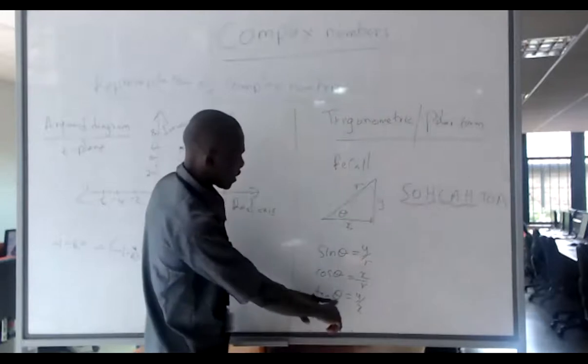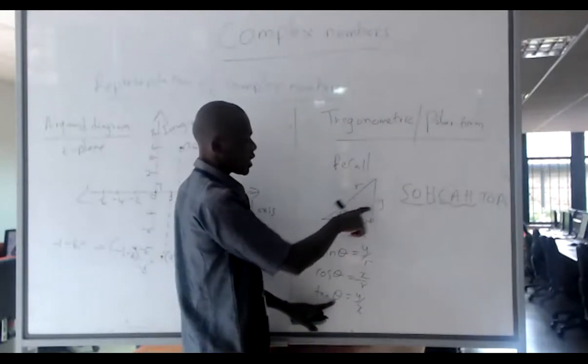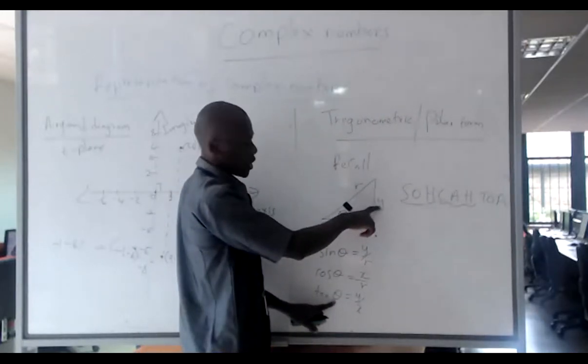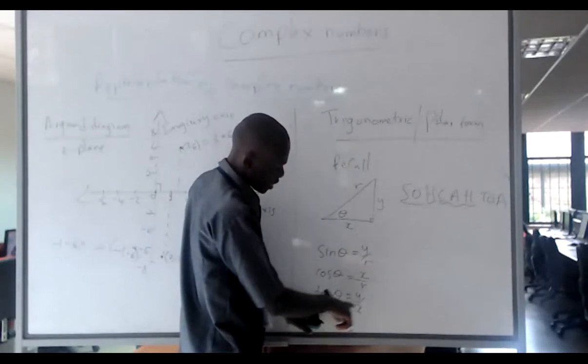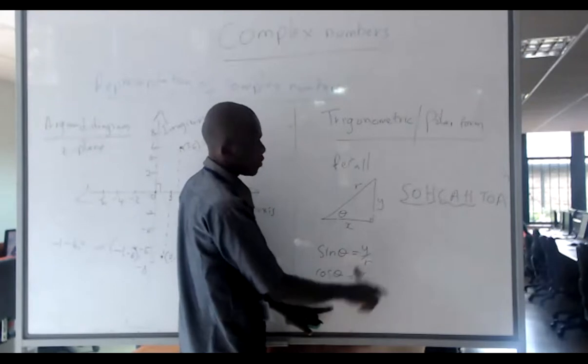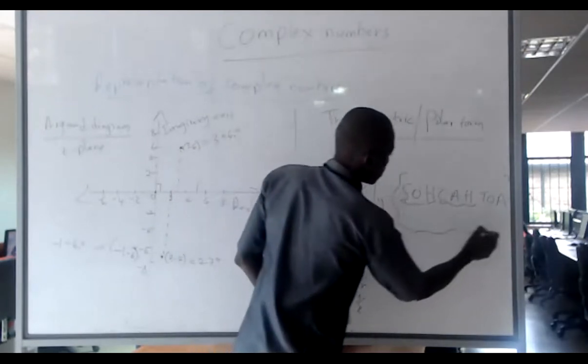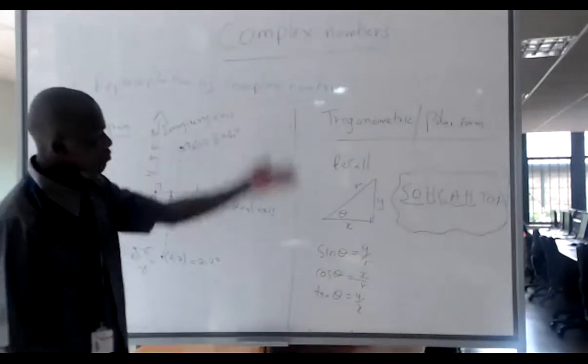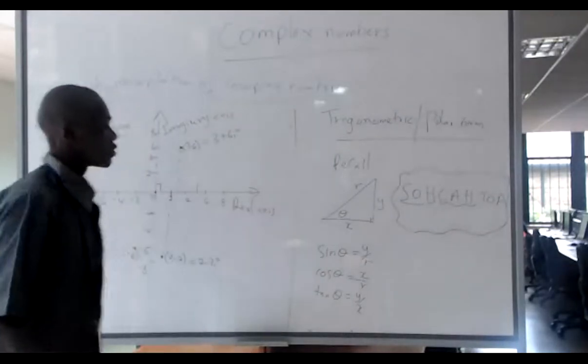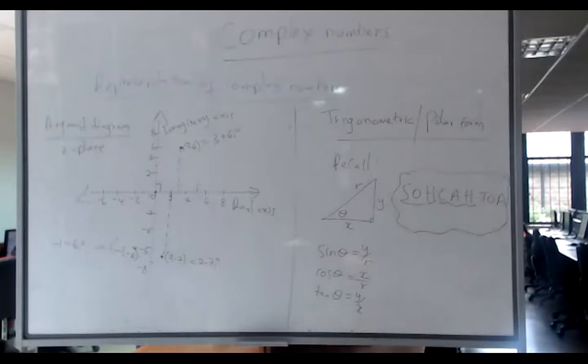So for tangent of theta, the side opposite theta has length y, and the side adjacent to theta has length x. So that's why tan theta is y divided by x. For those of you who have forgotten, you might just want to remind yourself of SOHCAHTOA. It will help you to memorize the definitions of these trigonometric ratios. Okay.